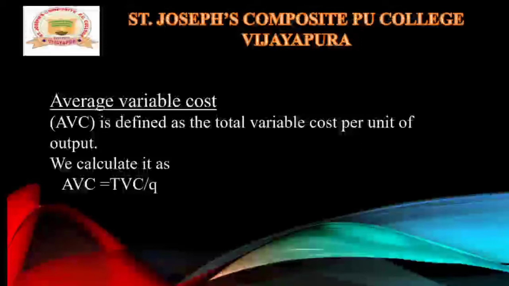We obtain it by dividing the total variable cost by the number of units produced. This is also one of the short run costs.